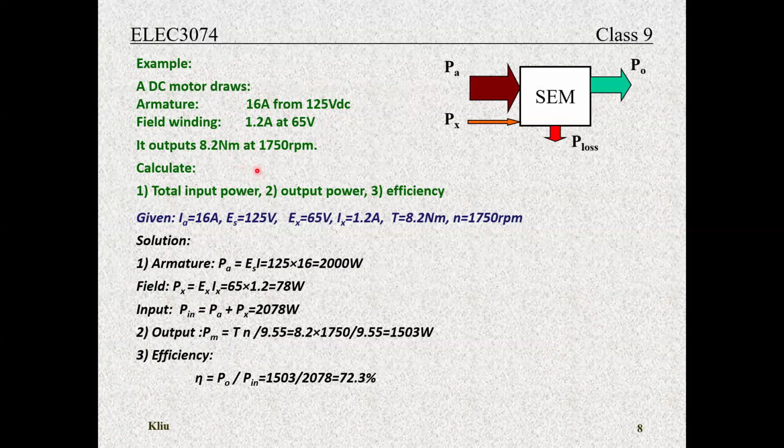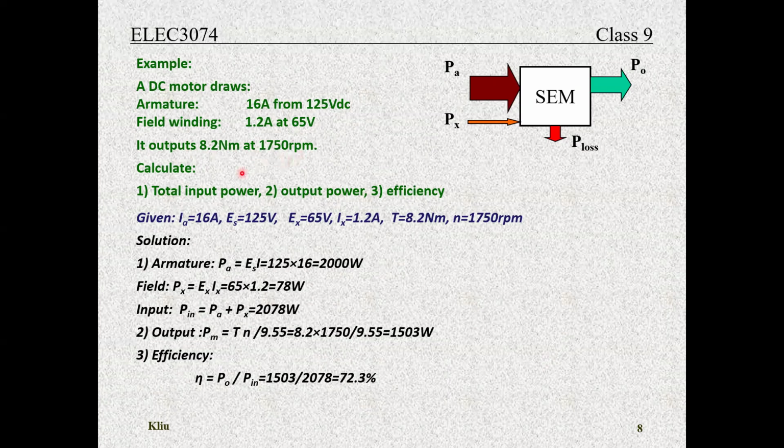Here's an example. A DC motor draws 16 amps in the armature at 125 volts DC. Now the field winding has 1.2 amps at 65 volts, and we are noticing an output torque of 8.2 Newton meters at a speed of 1750 RPM.